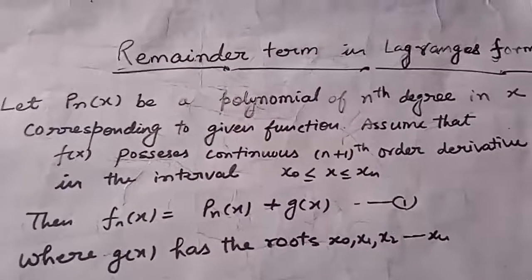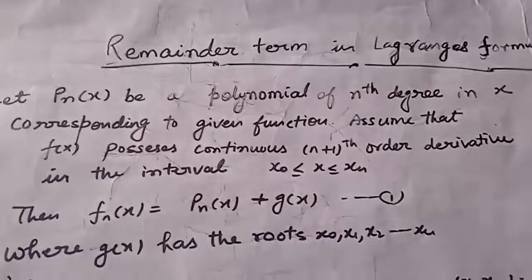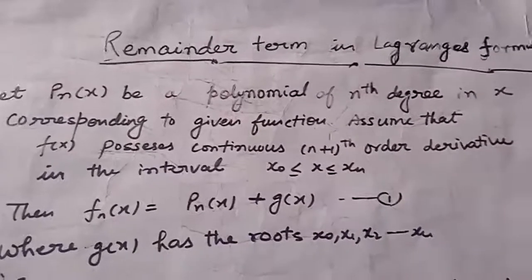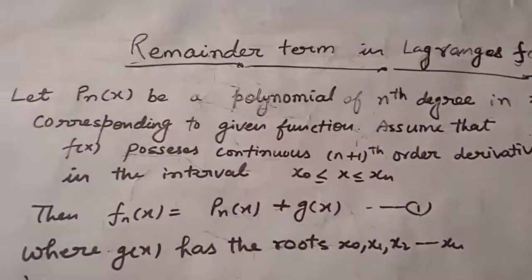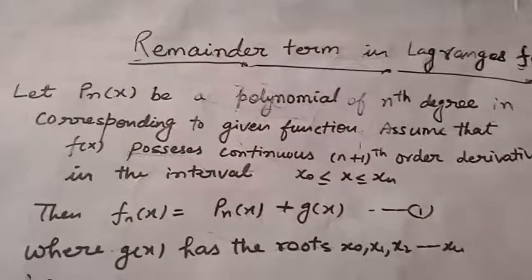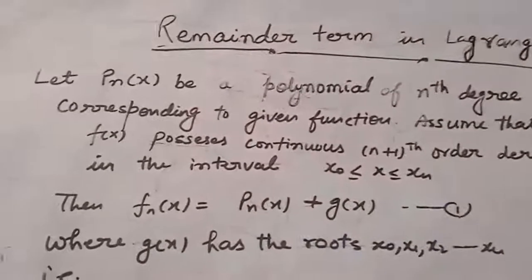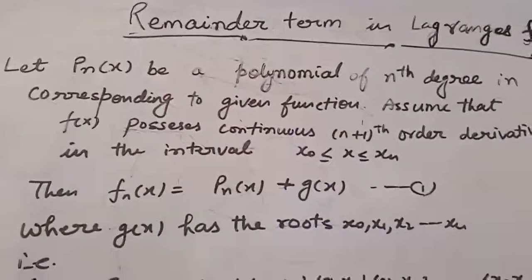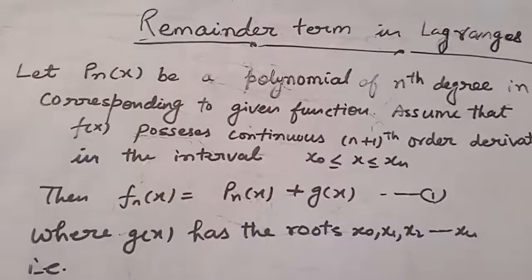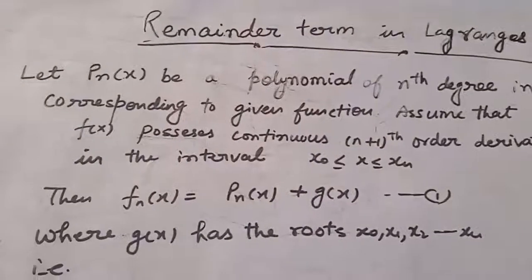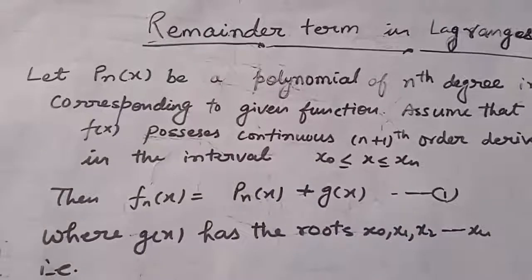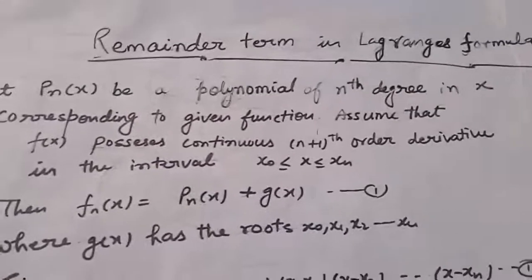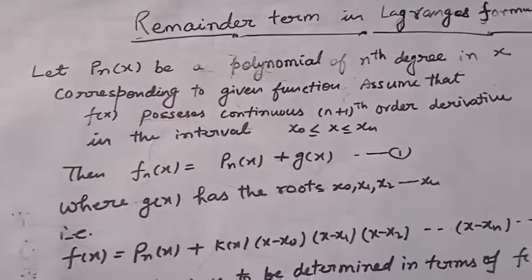Means that Pn(x) is a polynomial and we can consider a function f(x) which has an (n+1)th order derivative, and if we differentiate it n+1 times, then we get 0, and the values of x are x0, x1, x2 and xn.